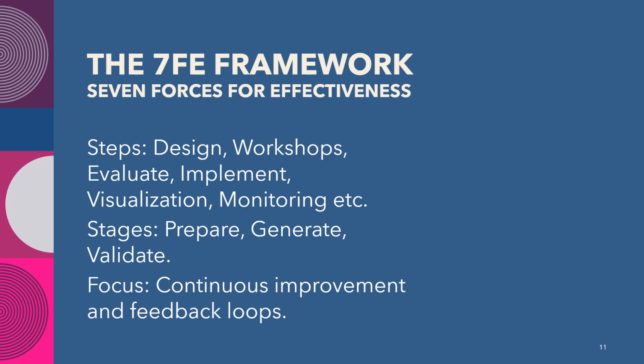For example, a software development company might use the 7FE framework to continuously improve the project management process by regularly reviewing and refining the workflows. By continuously reviewing the work, refining it, and making the changes which they need, a company can get better.